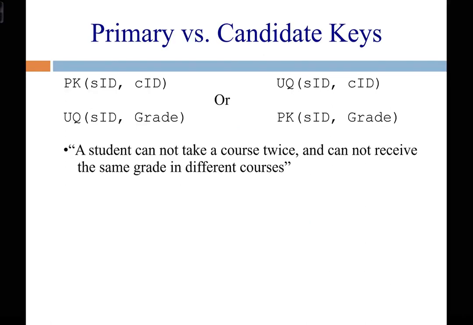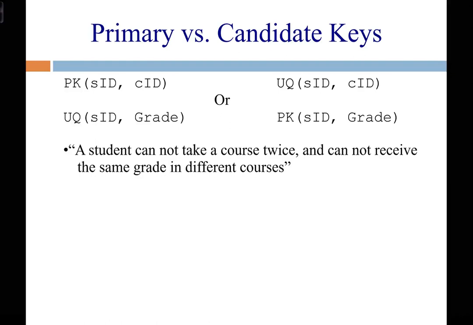So, back to this question of what's the difference between a primary key and a candidate key? For now, and for quite a while even, we will not really have the details of the answer. We will get to it. For now, they kind of mean the same thing, but I will tell you how to pick.